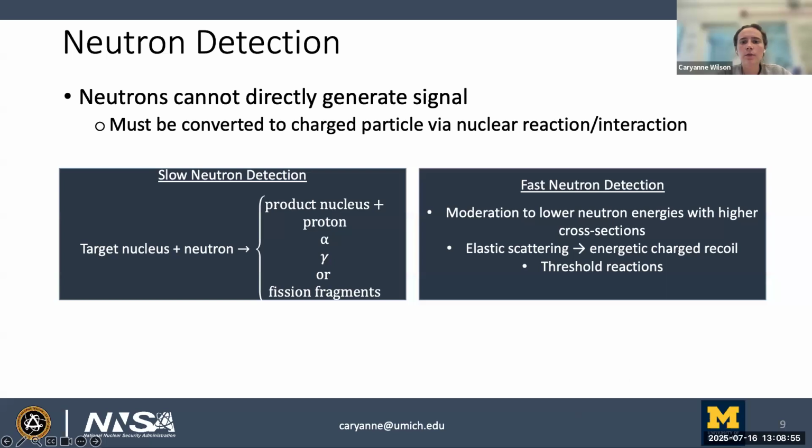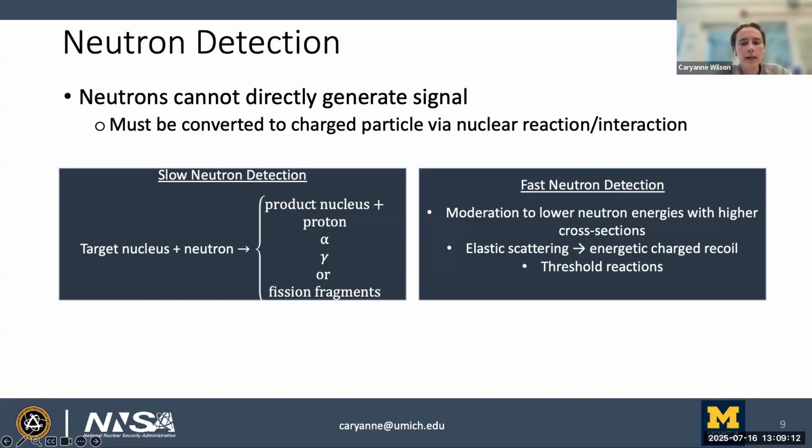So when we talk about gamma rays, those are ionizing radiations, so they have coulombic interactions in detectors. Alphas and betas are charged particles, so those also have coulombic interactions in the detectors.